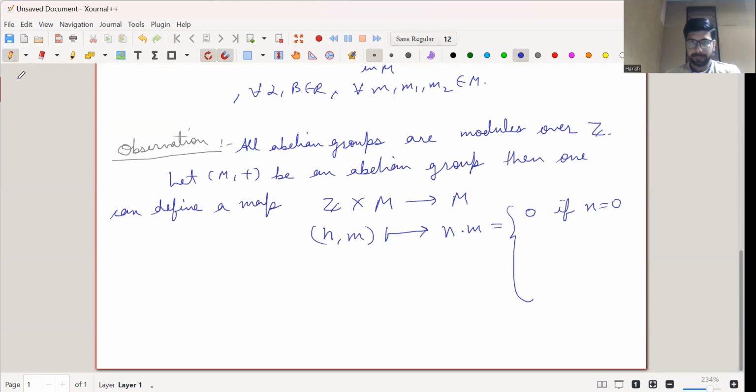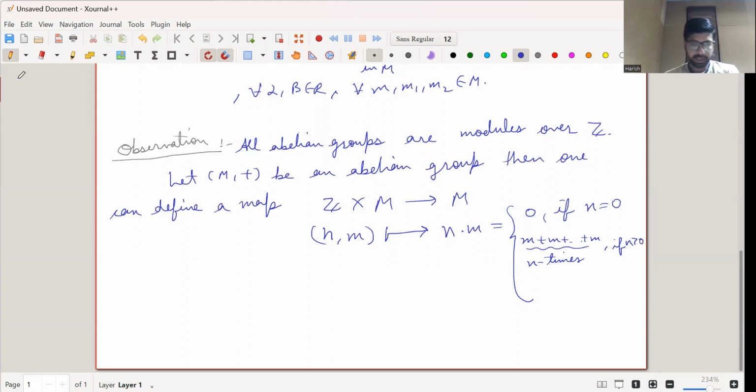So you can write m plus dot dot dot plus m, this is n many times, if your n is greater than 0. And what if n is less than 0?